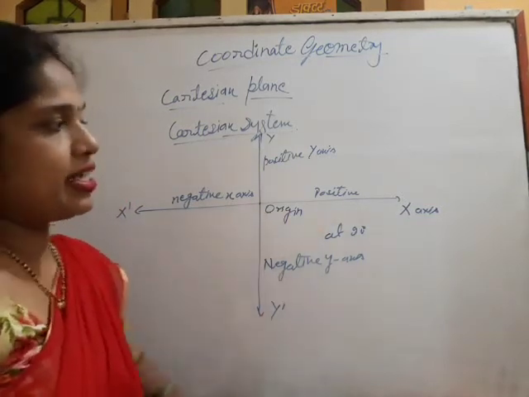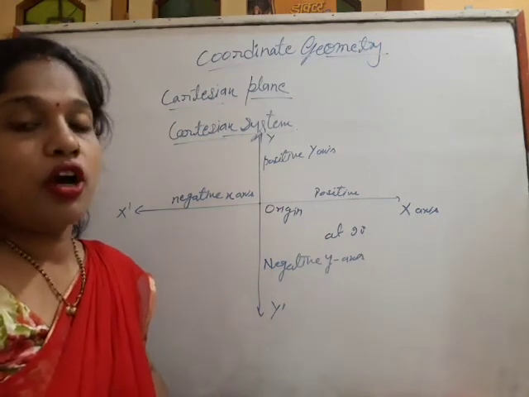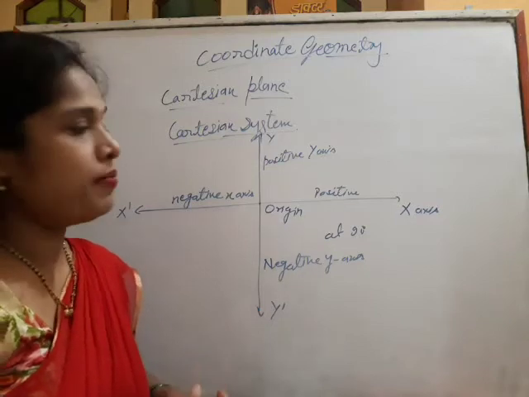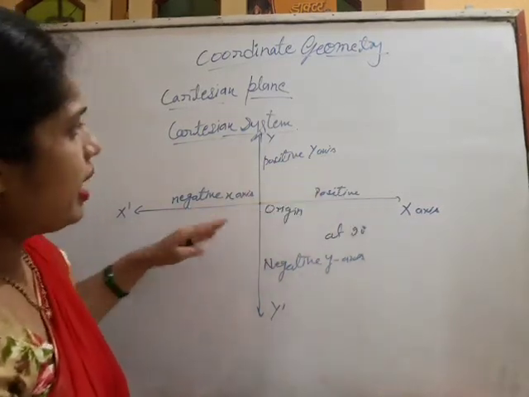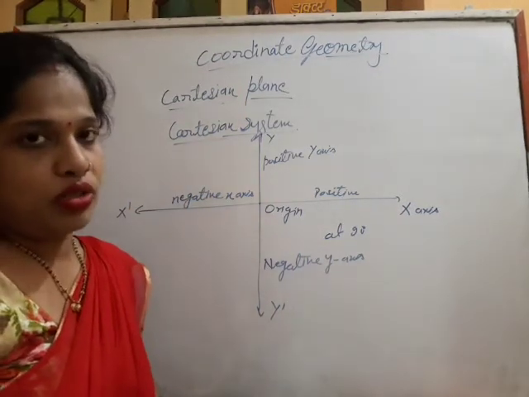So on the right hand side of the x-axis, we take the positive numbers for finding or locating a point in a plane, and negative numbers on the left side. Positive numbers on the upside and negative numbers on the downside.